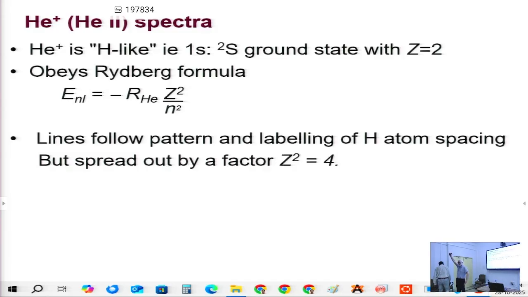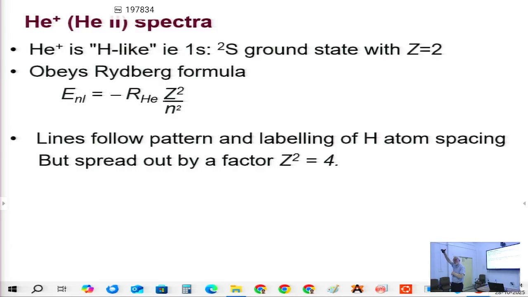Occasionally you see papers around claiming that hydrogen has half-integer principal quantum numbers. In fact, someone, an American guy, started an energy company which got a lot of funding, saying that he could create energy by getting hydrogen from its n equals 1 to its n equals half state, and there was boundless energy there, which we could use.